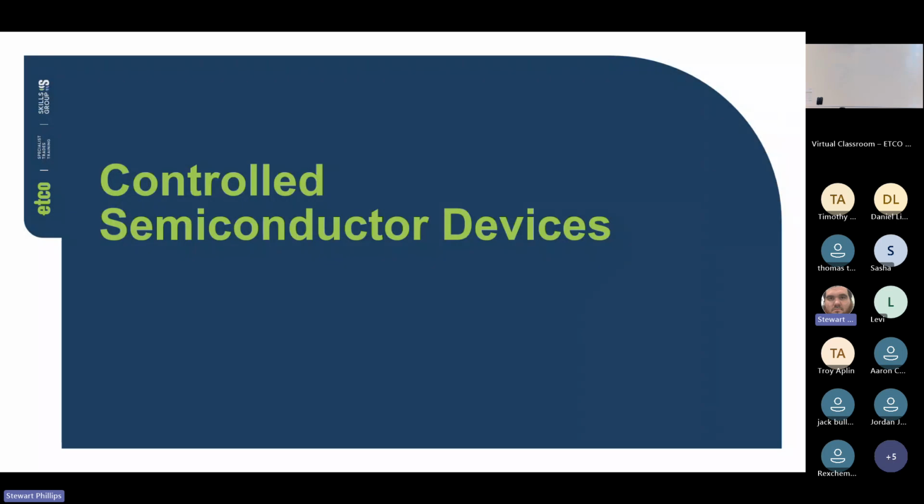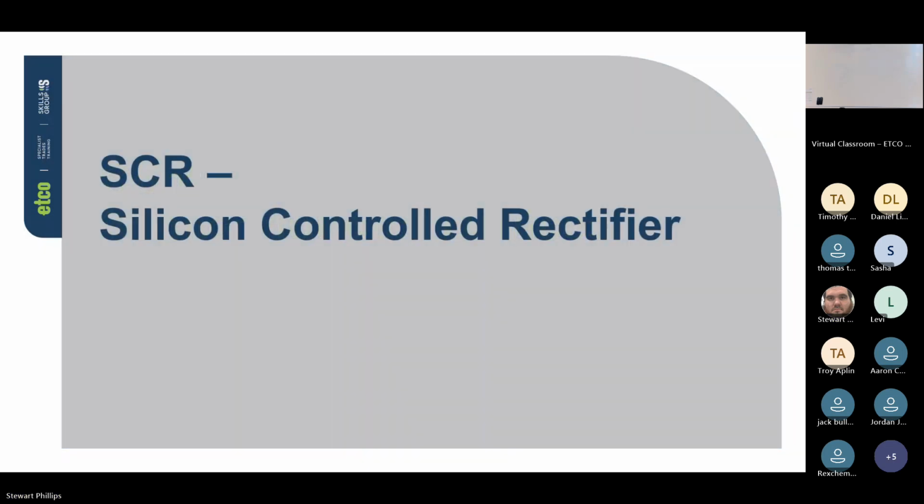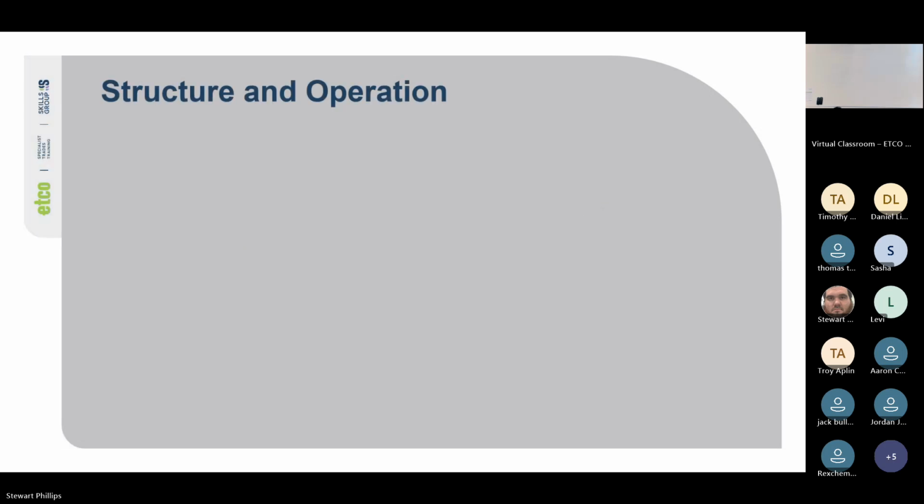Cool. So the first thing we're going to look at is the silicon controlled rectifier, or the SCR. The basic structure and operation of an SCR: it's basically a diode with a gate terminal.